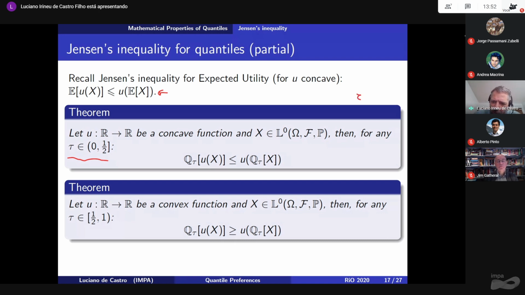Actually, we found it just for tau equals half, I mean the median, but not overall. So we generalize this Jensen inequality for quantiles, and of course, a similar one happens for convex functions, where the inequality goes in the reverse, but it has to be for the high taus. Okay, so it's not a total generalization of the Jensen inequality, but at least for a restricted set of taus. This is the first result.